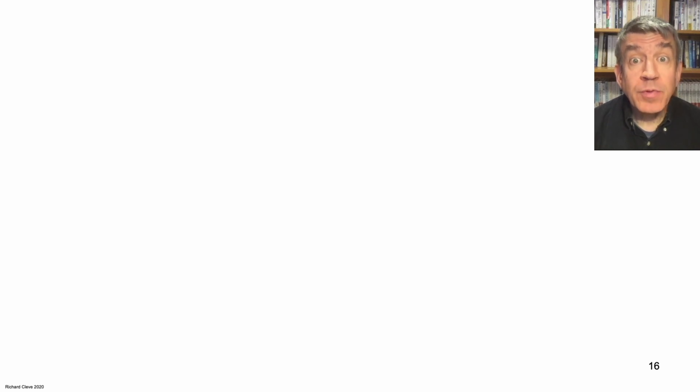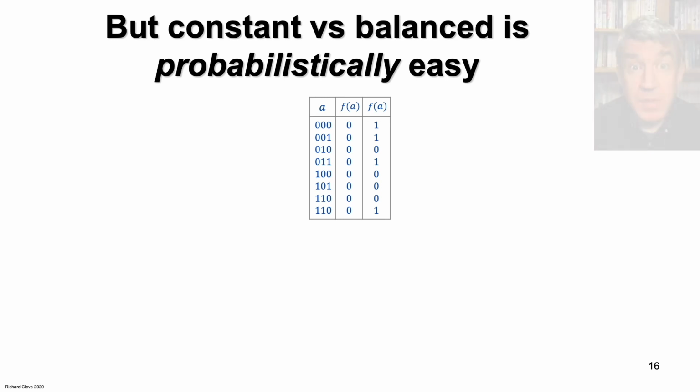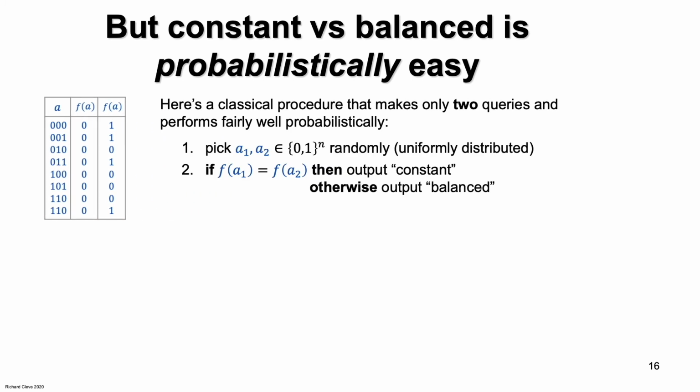If a classical procedure queries f in random locations, then in the case of a balanced function, it would have to be very unlucky to always draw the same bit value. Here's a classical probabilistic procedure that makes just 2 queries and performs fairly well. It selects 2 locations randomly, independently, and then outputs constant if the 2 bits are the same and balanced if the 2 bits are different.